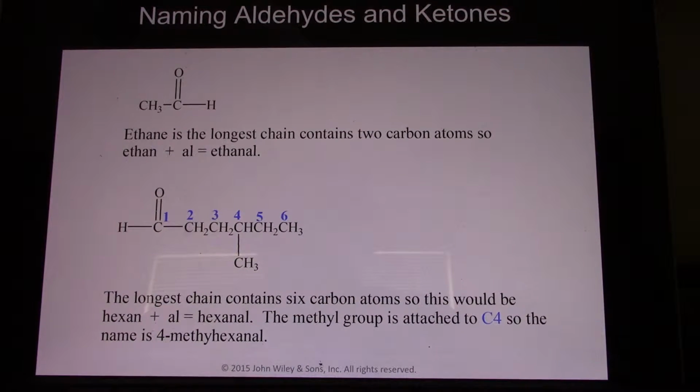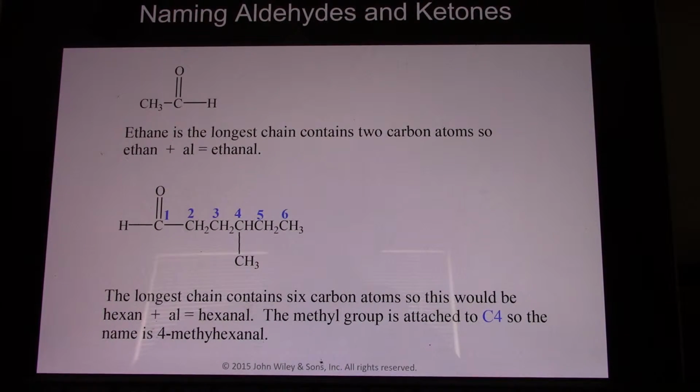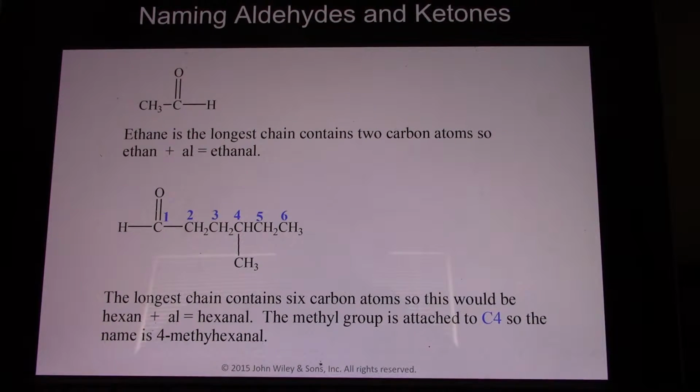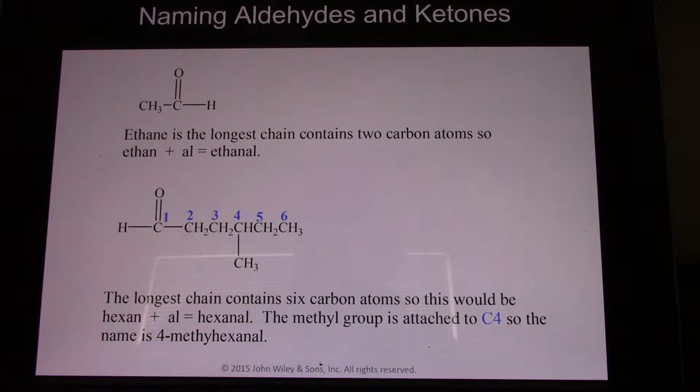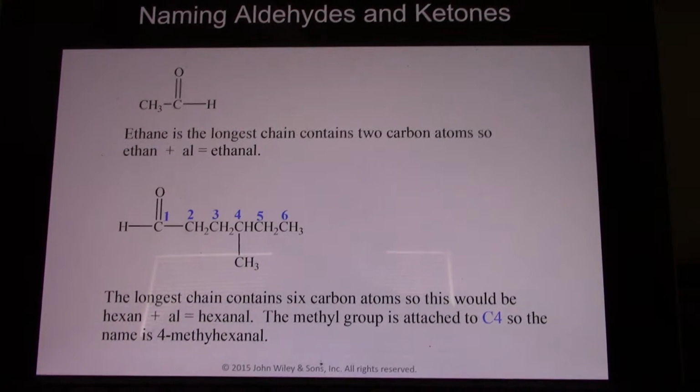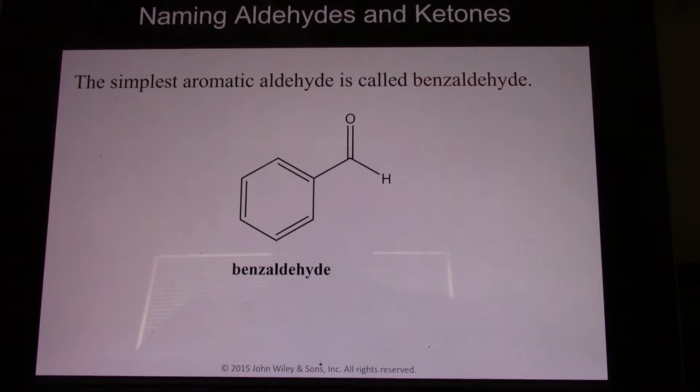Here we have 4-methylhexanal. The pronunciation is difficult because alcohols end in an OL, which is an ul, and aldehydes end in an AL, which is an al. Ul and al sound similar, so you have to listen carefully to the difference between those two.